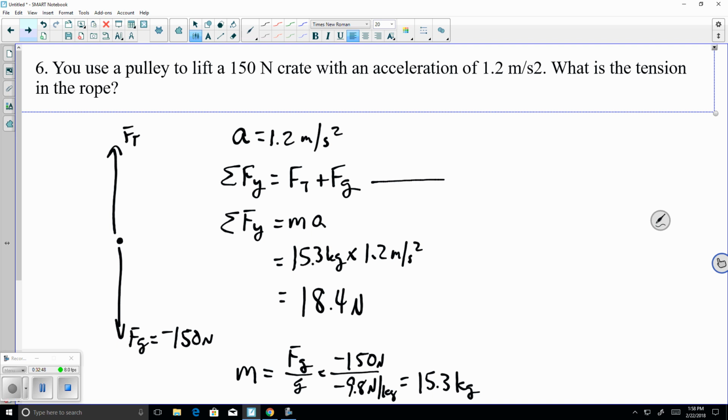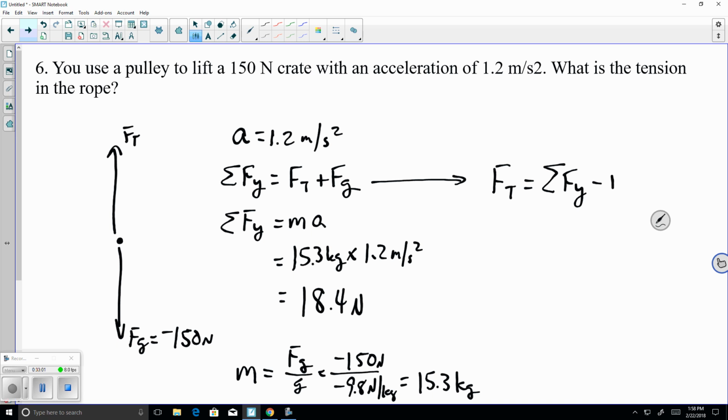If we rework this one, Ft is equal to the sum of forces, everything added up, minus the gravity force. So that's 18.4 minus the force of gravity. Force of gravity is negative 150. If I minus a minus, it's like adding it, and I come up with 168.4 newtons.